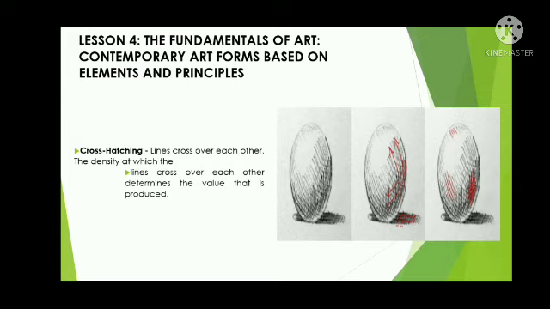Next, we have cross-hatching. In cross-hatching, lines are crossed over each other, as you can see in our image. The density at which lines cross over each other determines the value that is produced. In cross-hatching, you will first make hatching lines. Then after that, you will cross another set of hatching lines to make it cross-hatching lines.